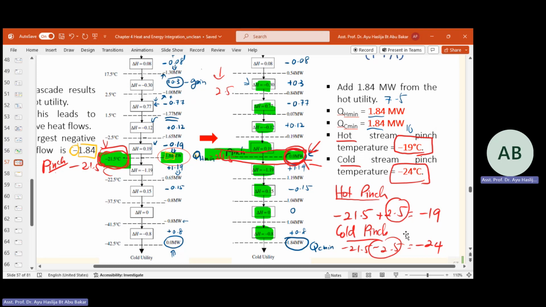So this is your hot pinch temperature and cold pinch temperature. And also from the second heat cascade, you can identify your QC min as well.